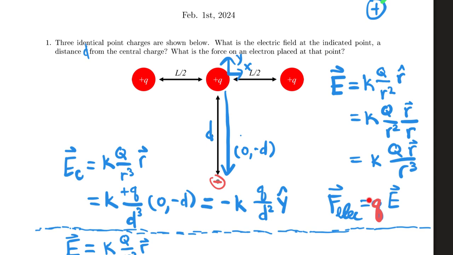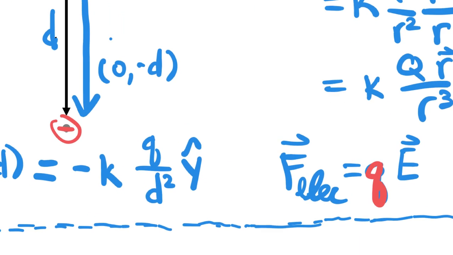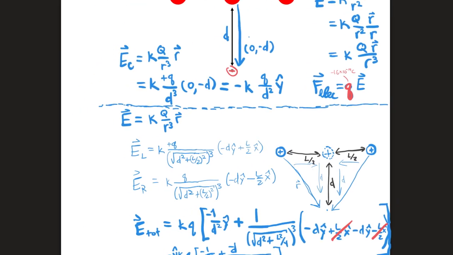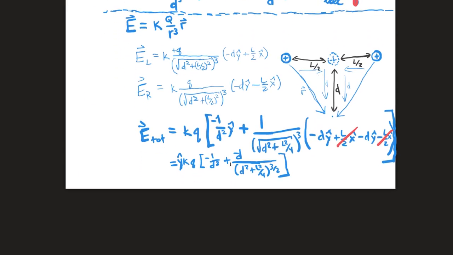So all you have to do to get the force on an electron is take that electric field that we got down below and multiply it by the charge of an electron, which is equal to minus 1.6 times 10 to the minus 19th coulombs. Just multiply that charge by this electric field, and that's going to be the force.